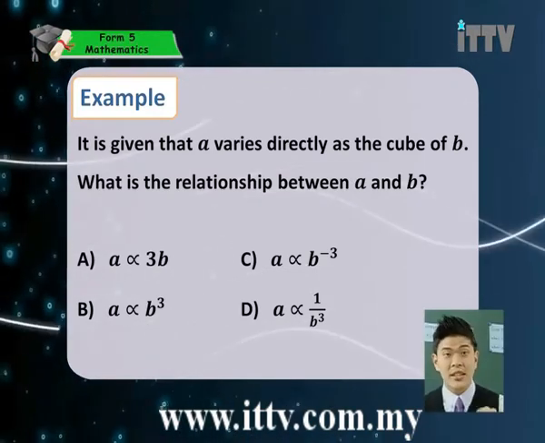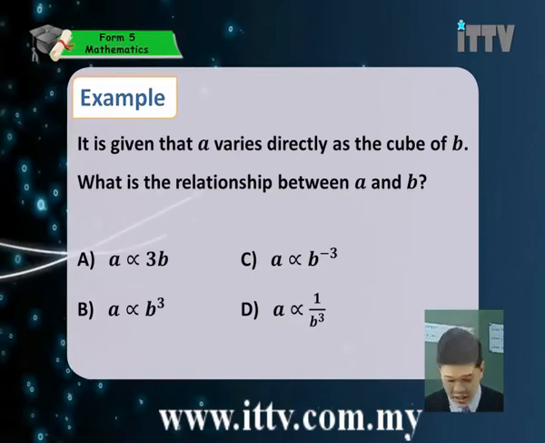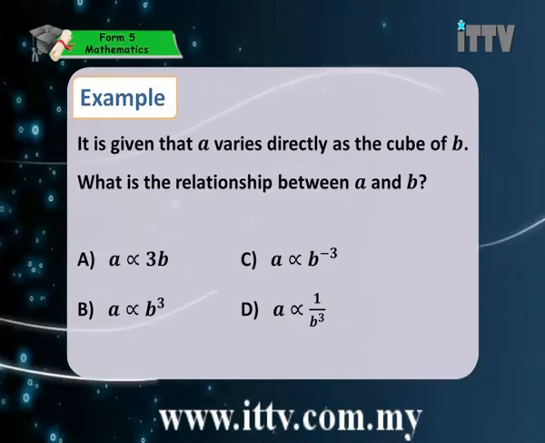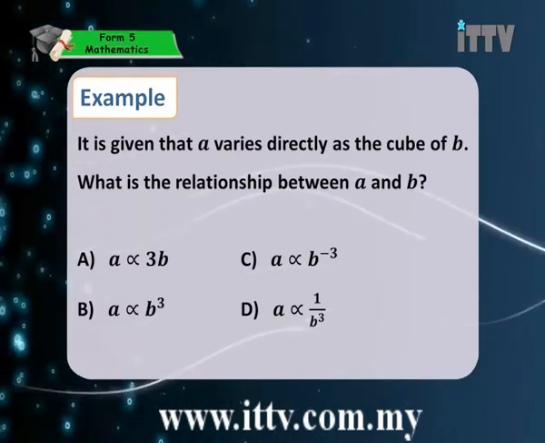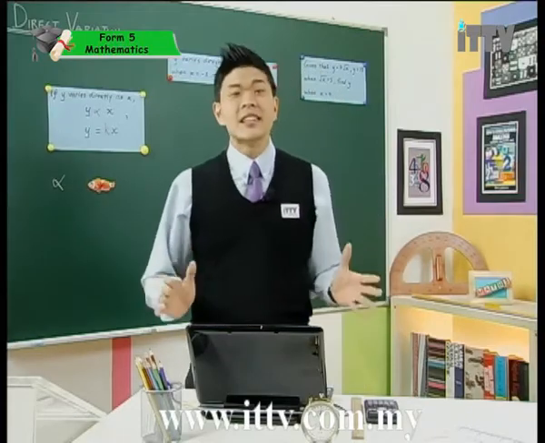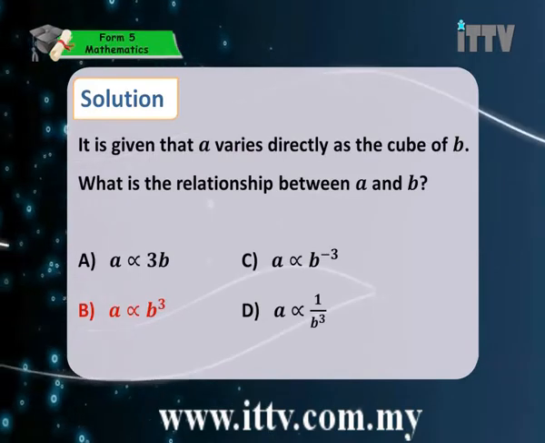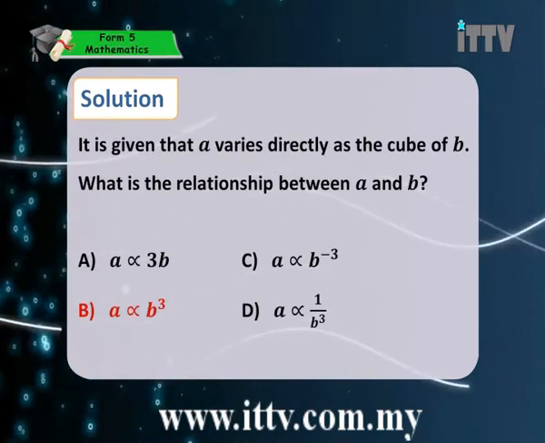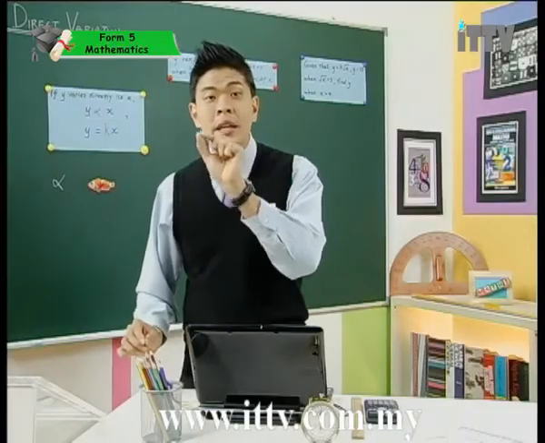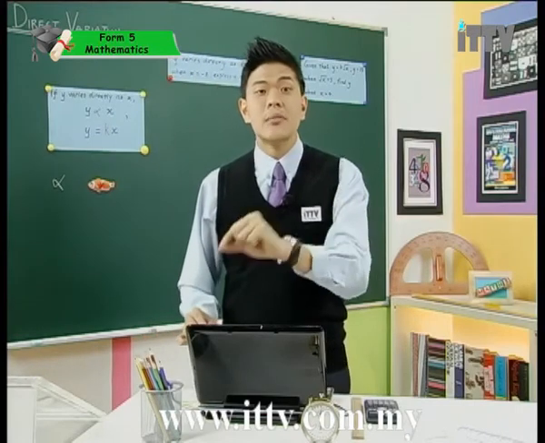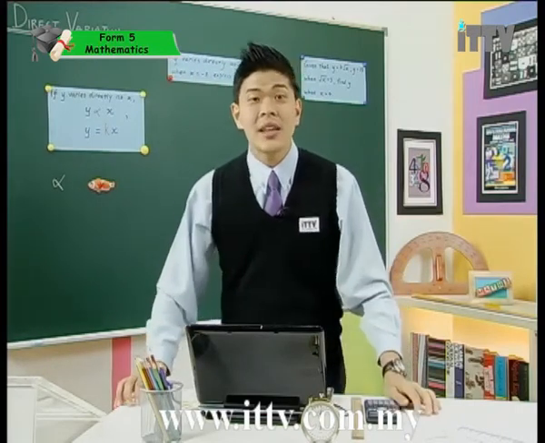Alright, I'll give you 1 second. Can you try and determine which is the answer? Alright guys, the answer is B, because the two quantities are A and B cubed, right? So varies directly means A varies B cubed, and the variation symbol, which is like a fish, must be there also.